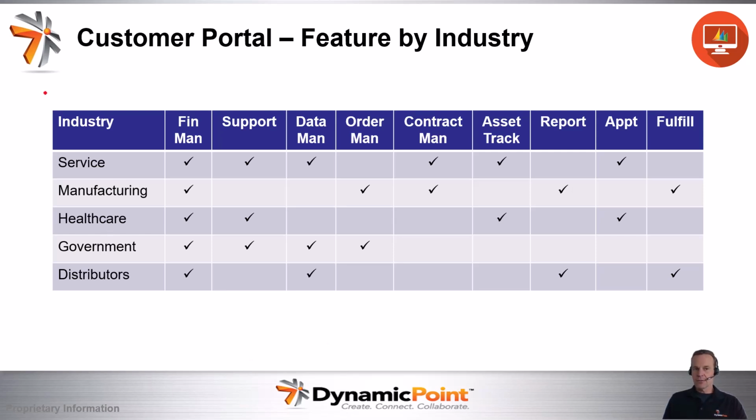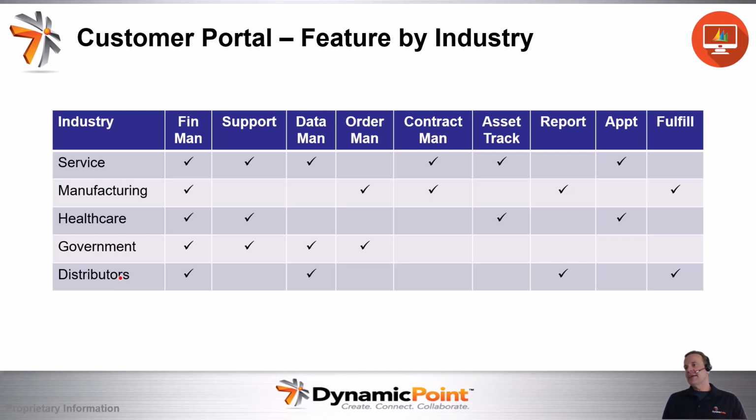For service organizations, you can see financial management, support, data management, contract management, asset tracking, and appointment management. For manufacturing, you can see the breakdown there. For healthcare, it's different features. For government, there seem to be different features that are more popular. And last is distributors.